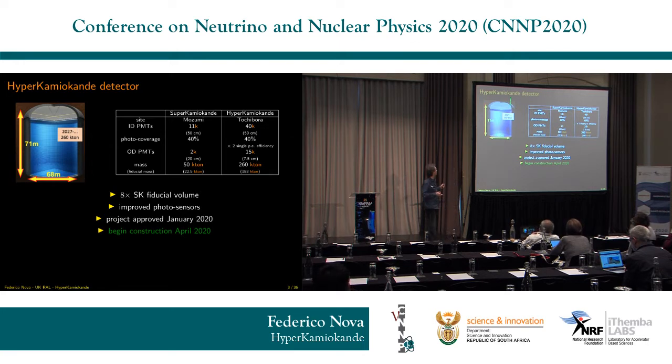And then there is an optical separation, so there is an inner detector with the PMTs looking inwards, and then there is an optical separation, and then outer PMTs looking outwards at 1 or 2 more meters of water layer used for veto, and there are 15,000 more PMTs there. So this project has been approved and funded 1 month ago in Japan, and the construction will start in April.